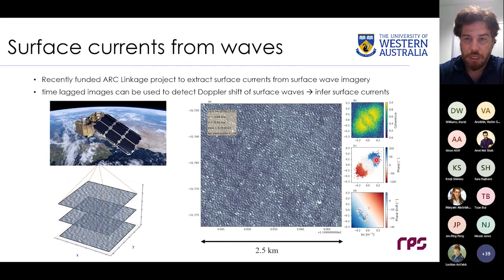So this is what I'm doing here. I'm plotting the wave numbers in the horizontal plane, and looking at the phase shift. And what you can do is look at the measured phase shift and take the difference from the theoretical phase shift with no currents, and you can invert out what the currents are over this 2.5 kilometre squared region.